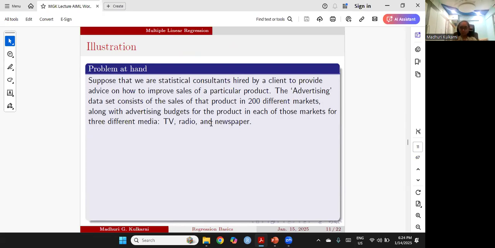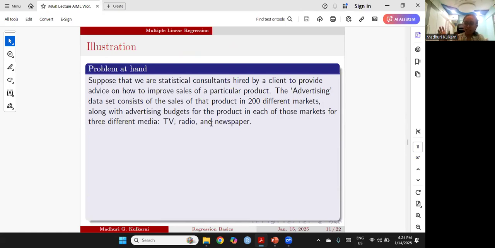Suppose now that a statistical consultant is hired by a client to provide advice on how to improve sales of a particular product. The manufacturer of this product is allocating some budget to advertising.